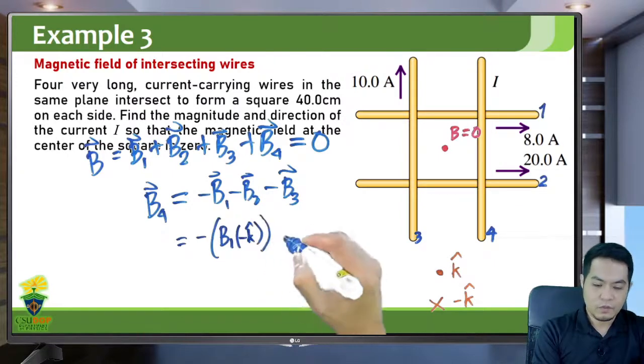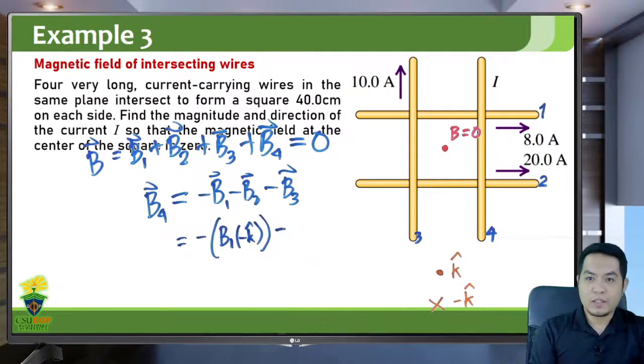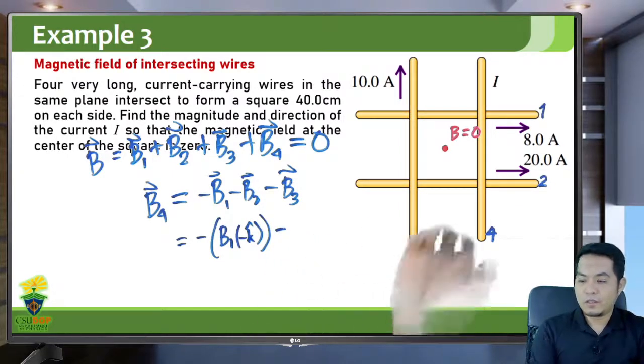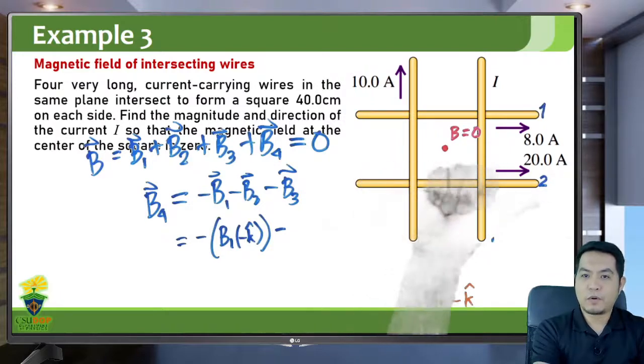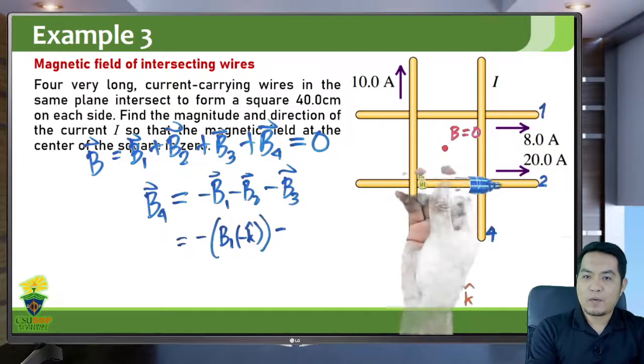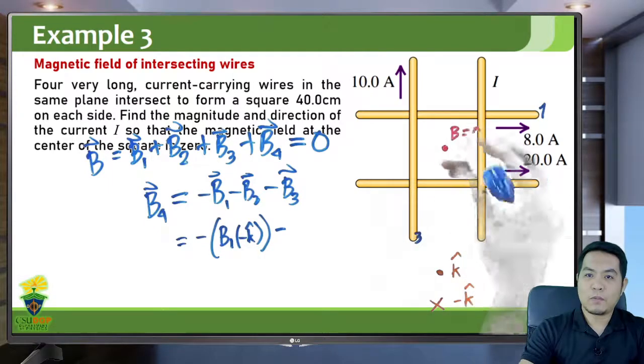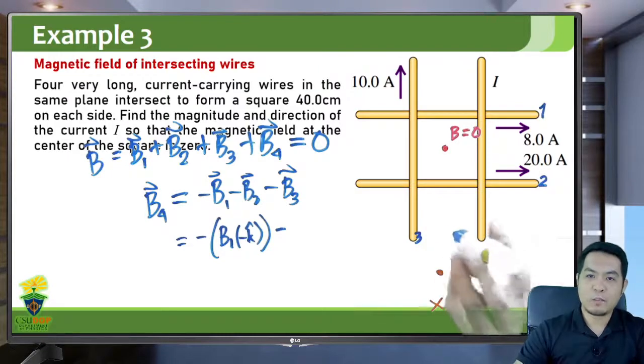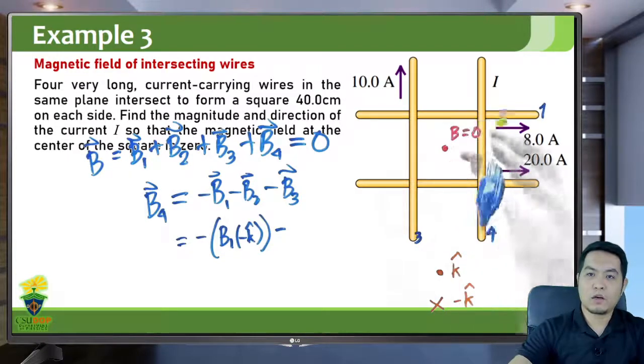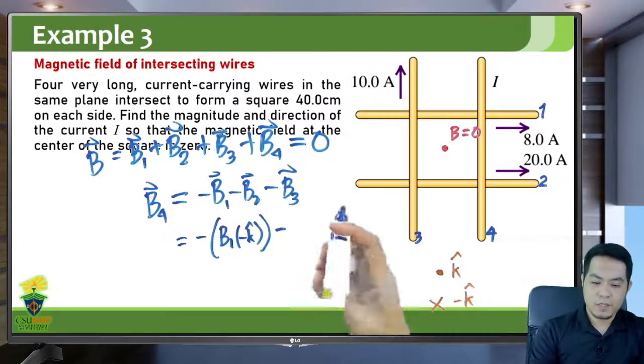For B2, same curl, but in this case, on the upper side of wire number 2, the field will be out of the page, then into the page on this side here. It will curl around in this manner.